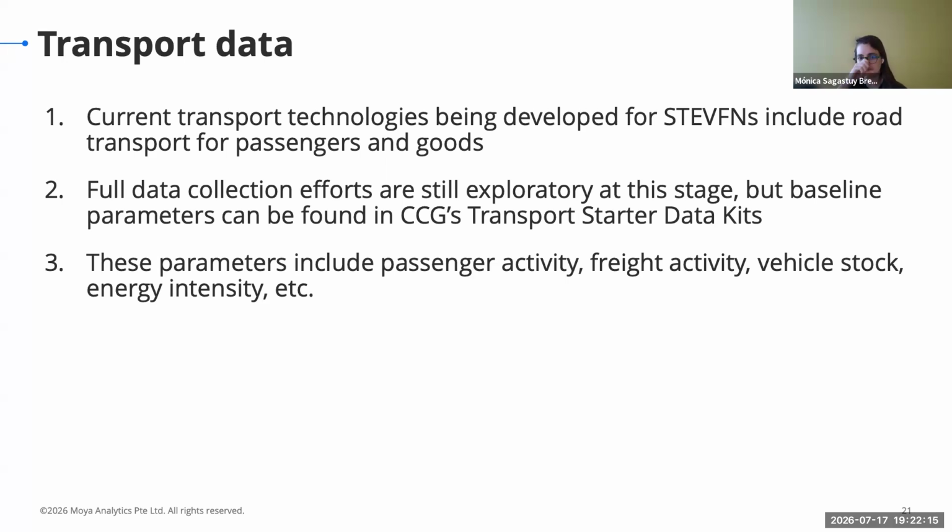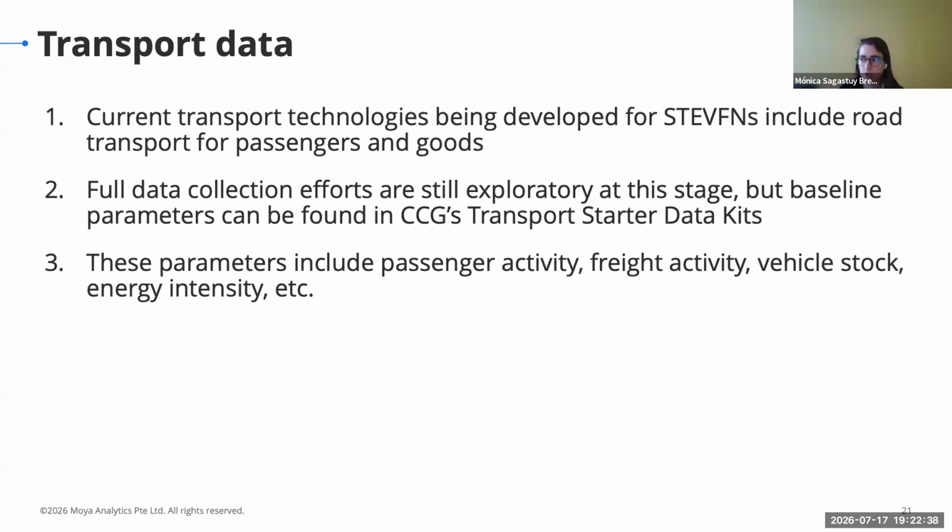So we're looking at data sets that have already been collected, specifically, we've seen a lot of CCG's transport starter data kits. We're going to go into that. This may include passenger activity, so how much passenger travel is required? This would be the demand for passenger type of vehicles, or we have freight activity, that kind of demand.